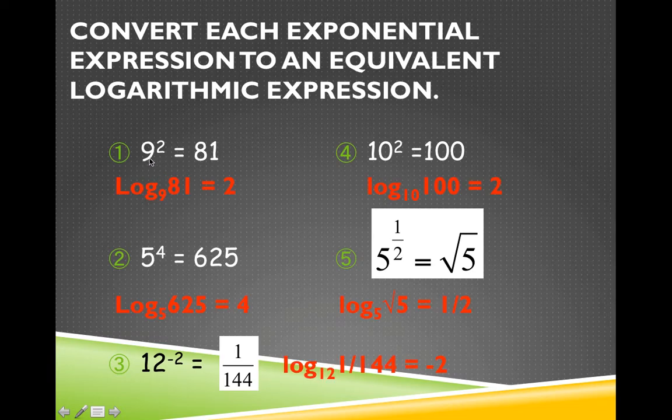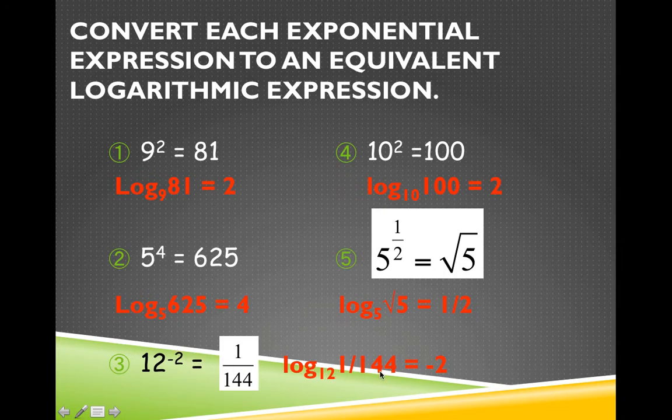Log base 9 of 81 equals 2. Notice that the logarithm is equal to the exponent. Log base 5 of 625 equals 4. Log base 12 of 144 equals negative 2.